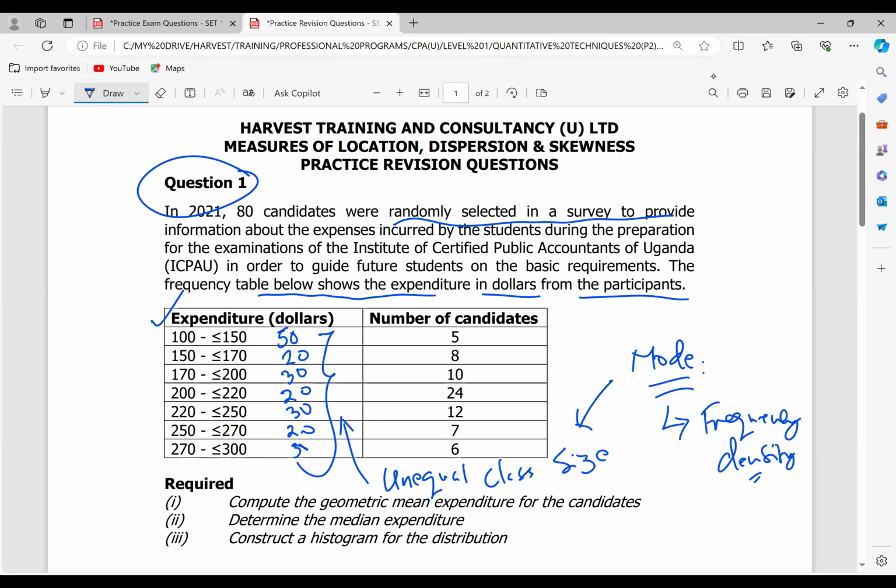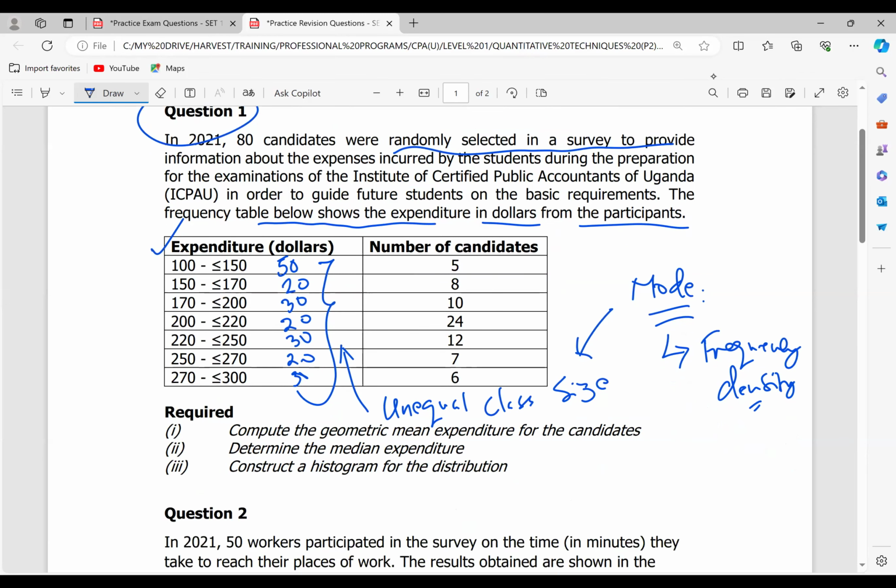Like in this case, we are to construct a histogram, and you know, the use of a histogram is to graphically determine the mode. And there is no way you're going to get the mode with this kind of unequal class size other than using frequency density.